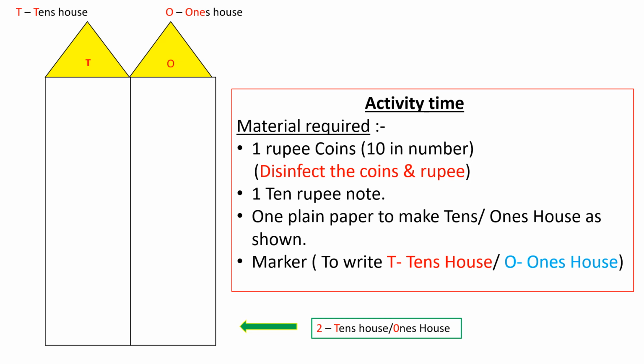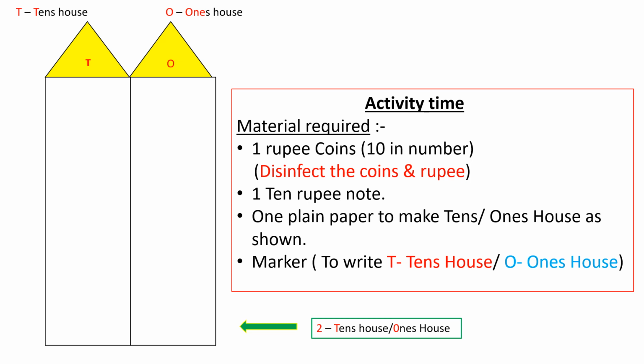Now this is your practice worksheet. You make it at home with mama, but you will need 2 tens and one's houses. One for the coin practice and one for the writing number practice. So the material that you require is 1 rupee coins, that is 10 in number.